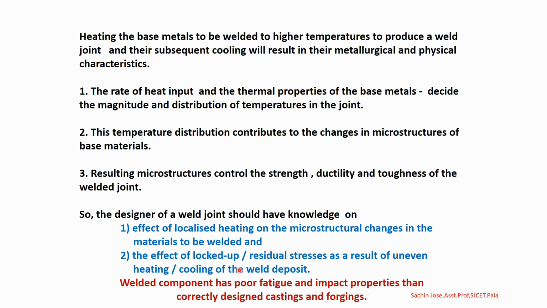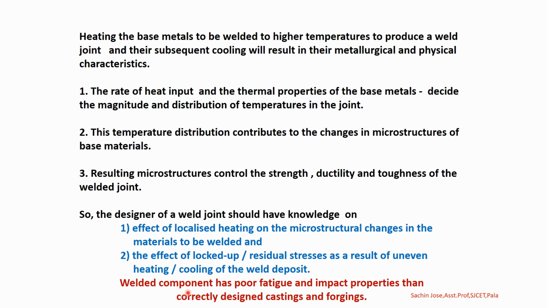You don't heat the whole area of the sheet. So it gives rise to localized heating or uneven heating and cooling of the metal. So it can give rise to uneven stresses, residual stresses in the product.